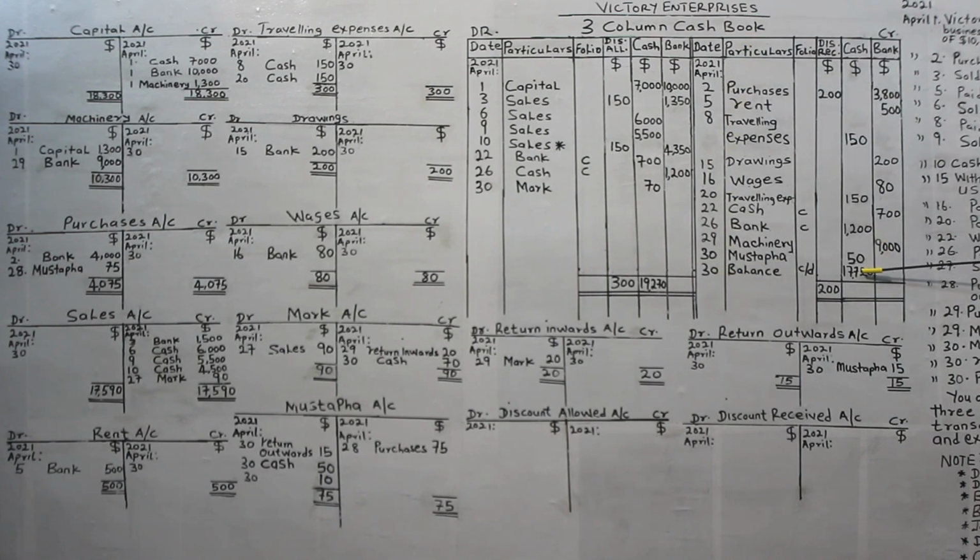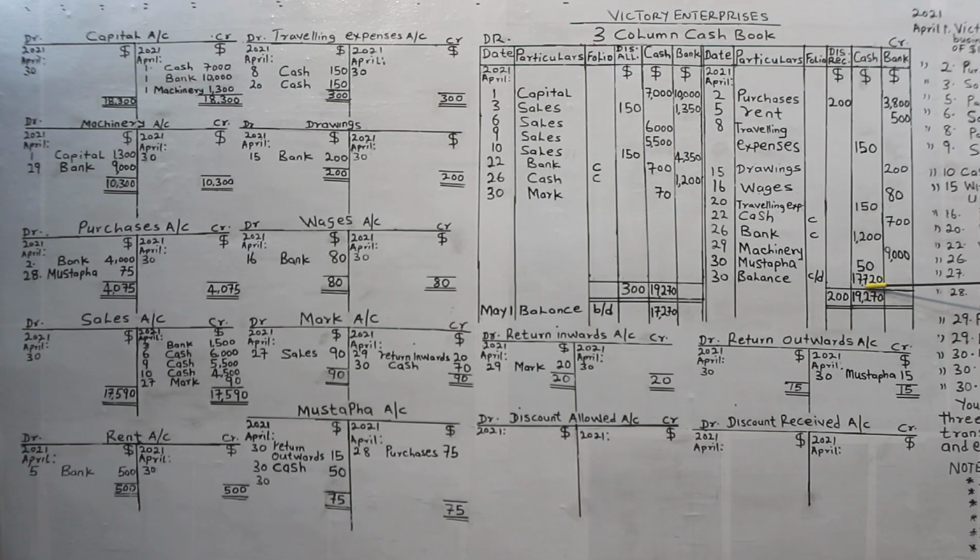Of course, if you add back the whole figures here, that is 17,720 plus 50 plus 1,002 plus 150 plus 150 is going to give you the same figure as this, which should be 19,270.